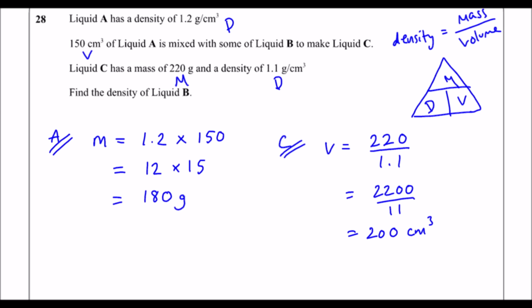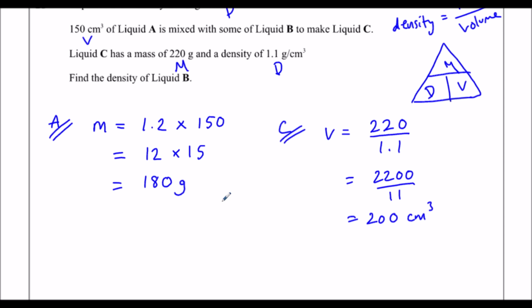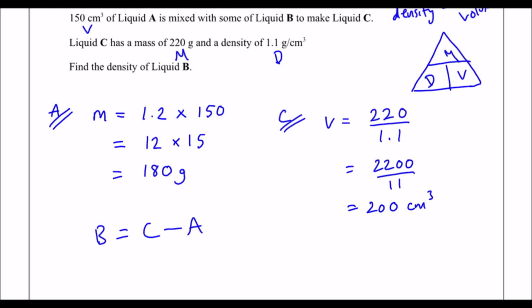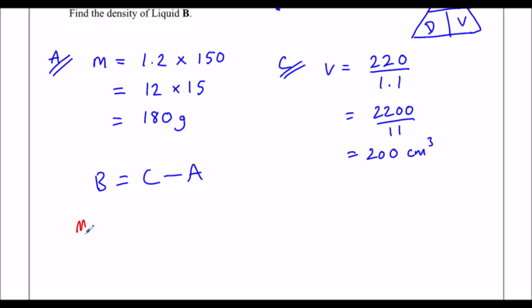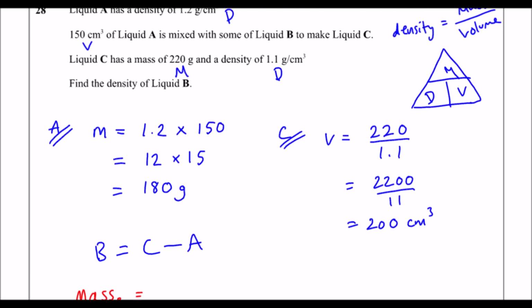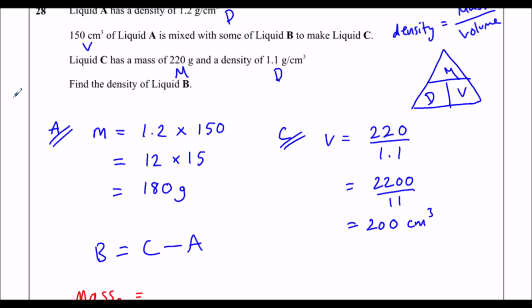So now we can work out the volume and mass of B. So B is going to be C take away A. So let's work out the mass. So the mass of B is going to be the mass of C, 220.